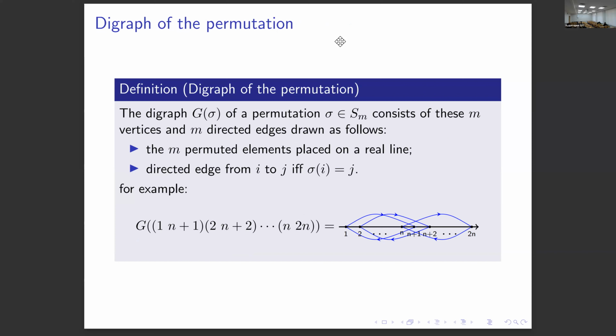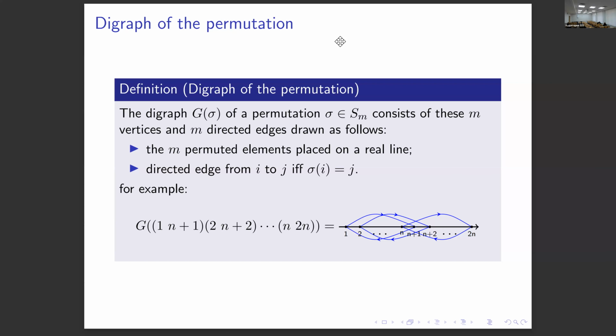The m permuted elements are placed on the real line, and there is a directed edge from i to j if and only if sigma(i) equals j. So you see that each element is a vertex indexed from 1 to n, and there is one outgoing and one ingoing edge for each vertex.